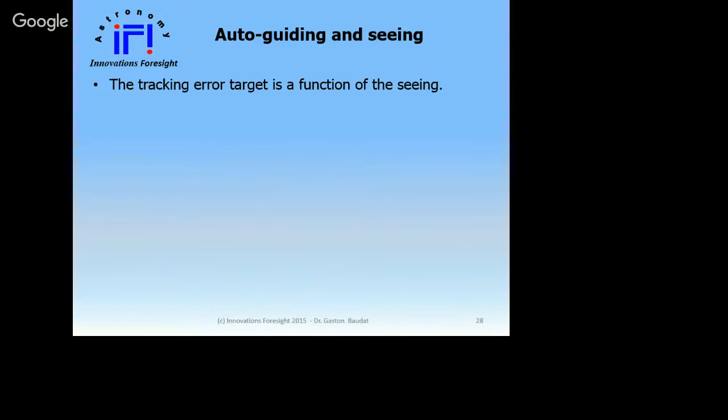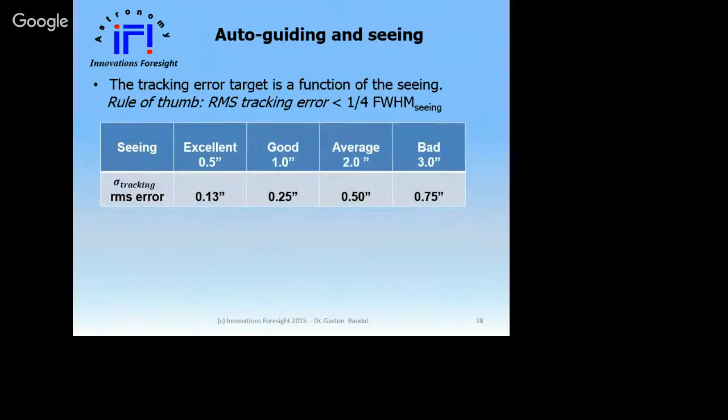But the first thing we need to keep in mind is that the goal of the tracking error we are shooting for is all about what the seeing is. Put this way, if the seeing is good, you want to have good tracking. If the seeing is bad, you don't care much, right? So this table shows you that when you have good seeing, then you need good tracking.